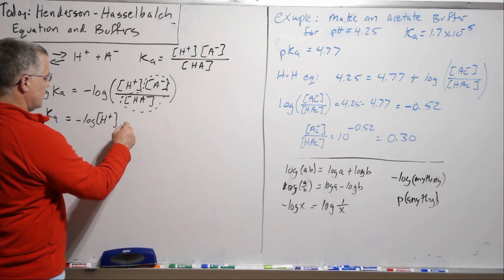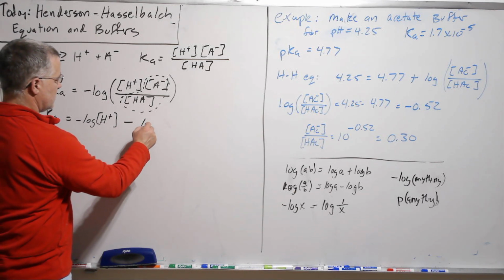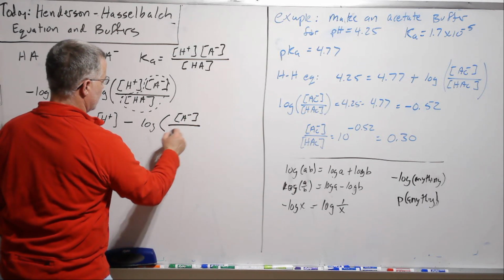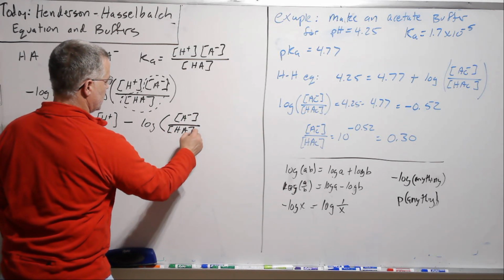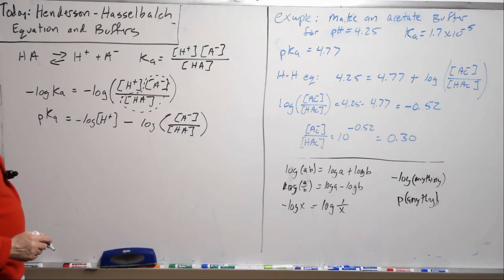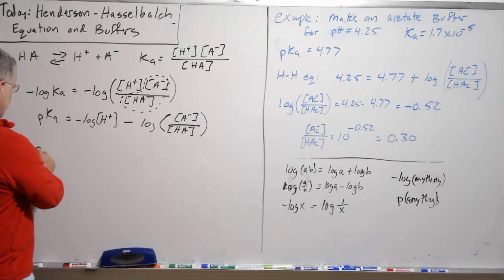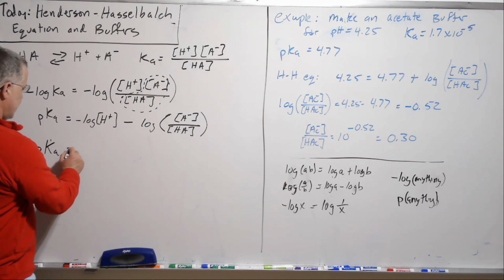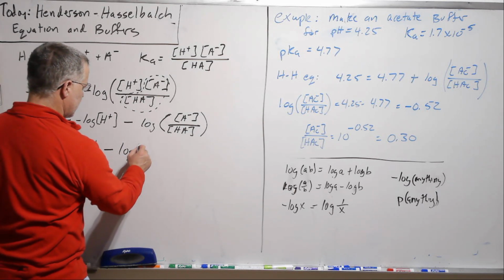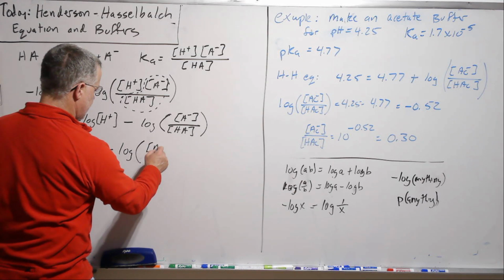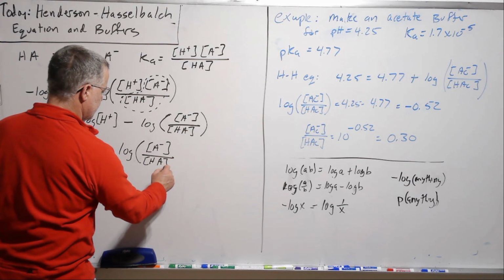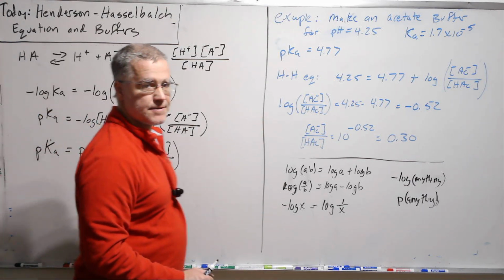So log of H plus minus log of A minus concentration over HA. Well, what is this? This is pH, so pKa equals pH minus log of this.